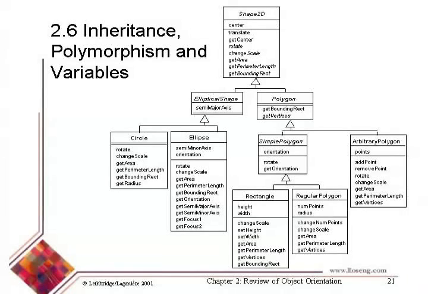Imagine you had a variable of class, let's just say polygon. And then let's imagine that I wanted to invoke an operation, and let's be somewhat arbitrary about this. Initially, rotate.